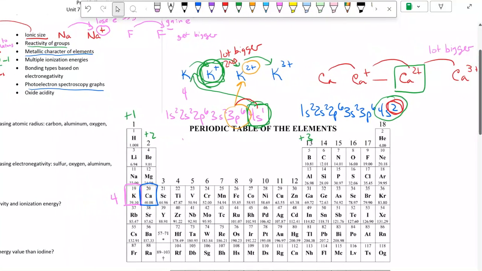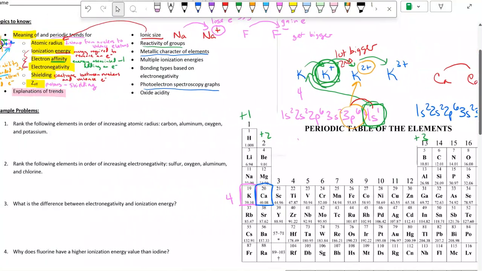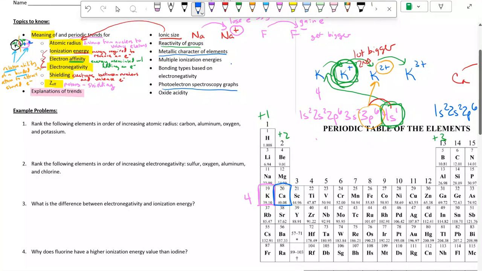Okay. The bonding based on electronegativity, there's just a little scale that says if the difference in electronegativity, that's that delta, is greater than 1.7, it's called ionic.